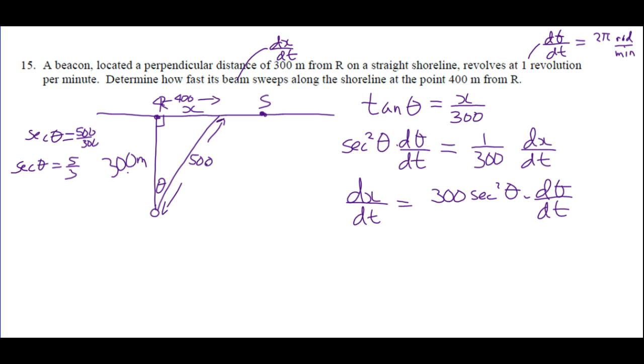Okay, so we've got this, and we've got this. We just got to plug in. So it's 300 times the secant of theta, which is 5/3 squared, times d theta by dt, which was 2 pi.